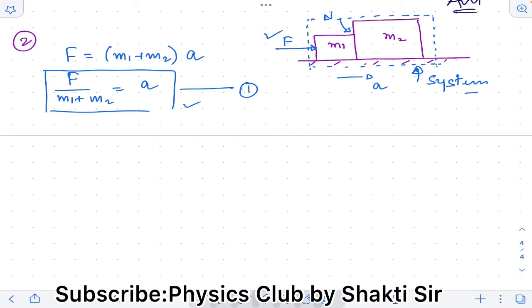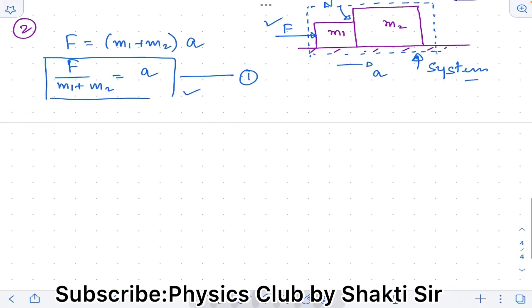Okay, now we will approach how to calculate the normal reaction acting between the two blocks. As m2 is accelerating towards the right side with acceleration a, obviously a normal reaction from m1 acts on m2.